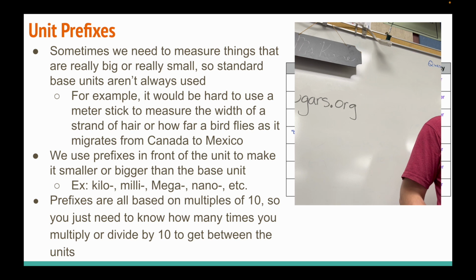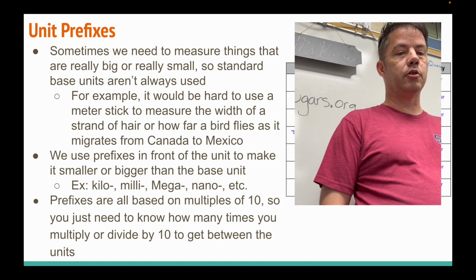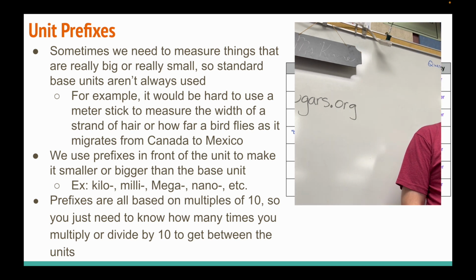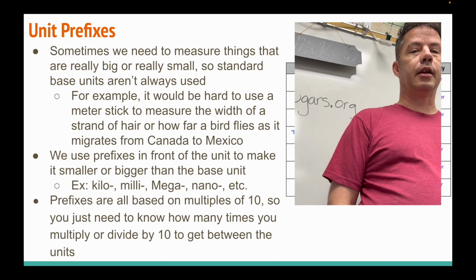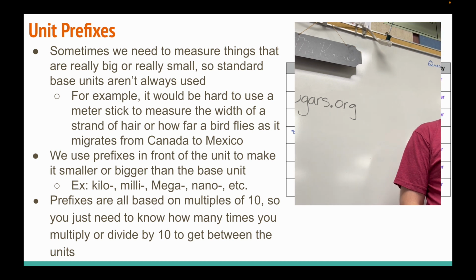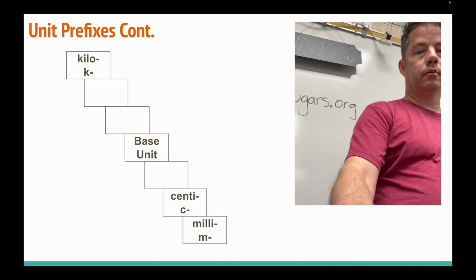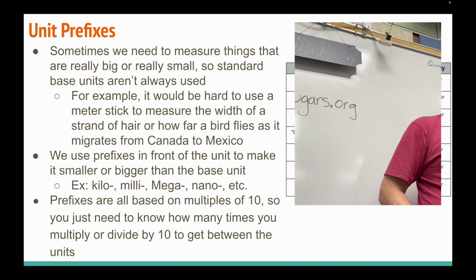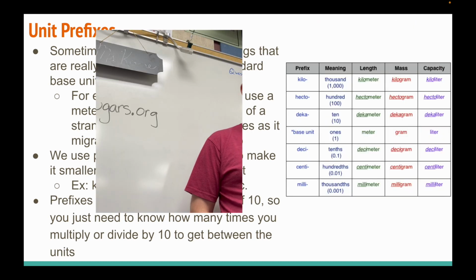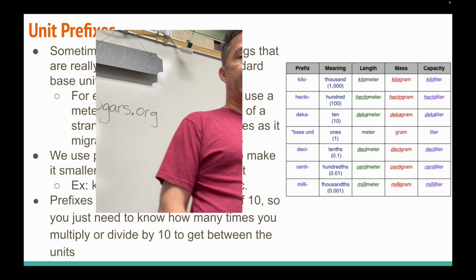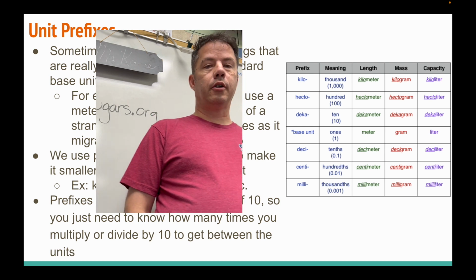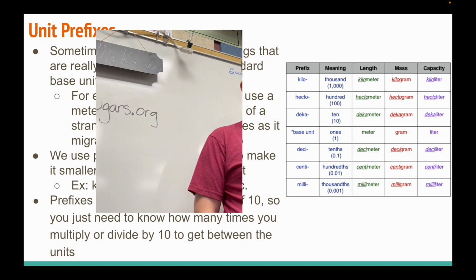So prefixes are all based on multiples of 10. So you just need to know how many times you multiply or divide by 10 to get between one unit to the next. So some of the prefixes. Kilo means 1,000. Hecto, which we're not really going to get into, means 100.